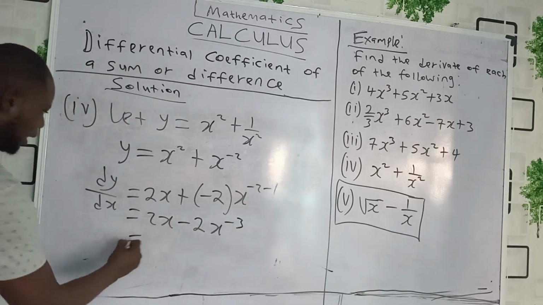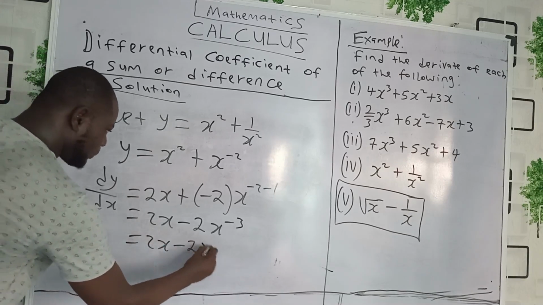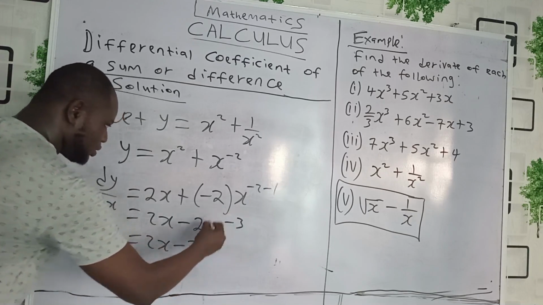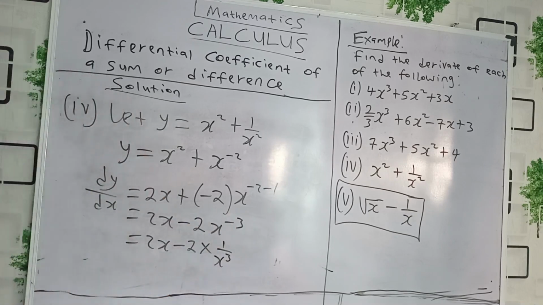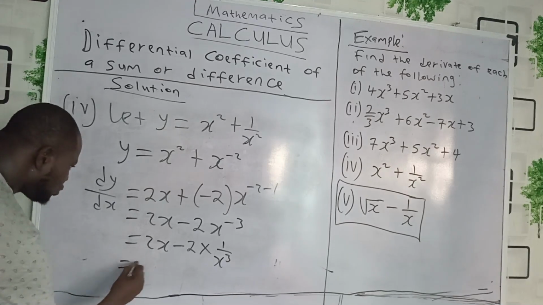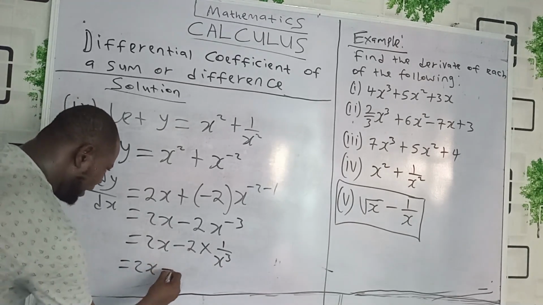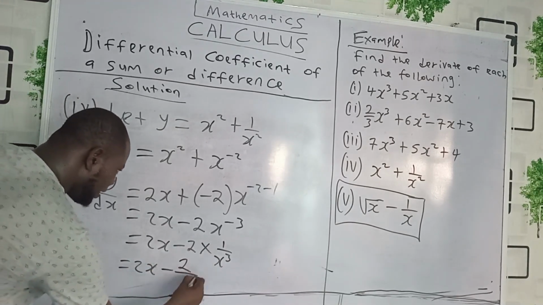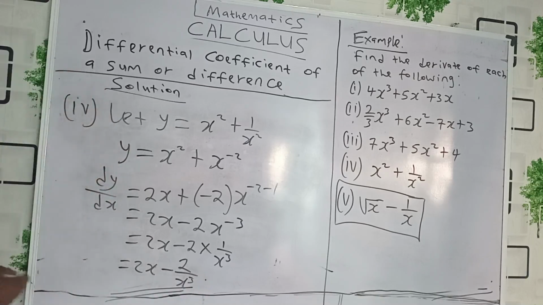This one will now become 2x minus 2 multiplied by, from the law of indices, x raised to power minus 3 as 1 over x raised to power 3. Wow, that's lovely. So it will now become 2x minus 2 times 1, that's minus 2 divided by x raised to the power of 3. Wow, that is lovely. Are you with me?